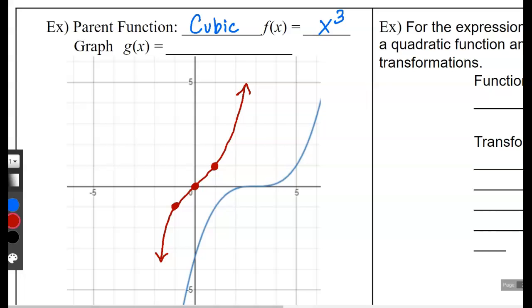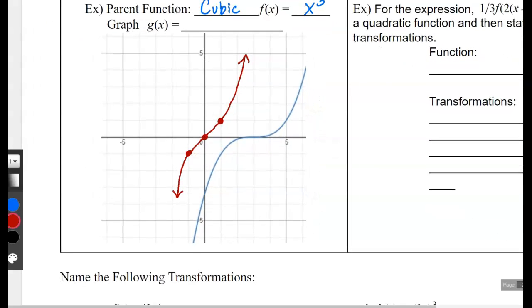So, does my new graph depict a horizontal stretch or a horizontal compression? Does it look wider or skinnier? Wider. And wider, is that a horizontal stretch or compression? If I go wider, I'm stretching.